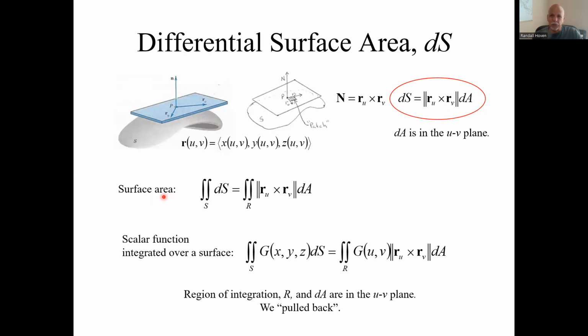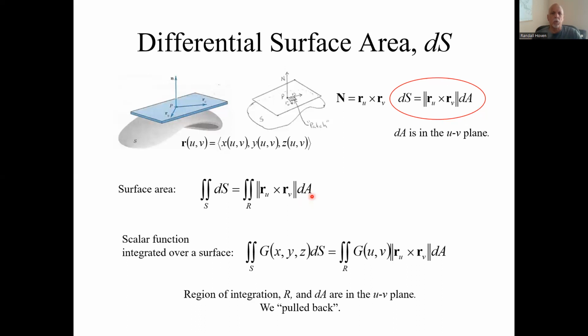So if you just wanted the surface area, you would just integrate that differential surface area over the entire surface. And what would that mean? This becomes our integrand, integrated over a region in the UV plane. So these r sub u and r sub v are functions of u and v, and dA is in the UV plane.